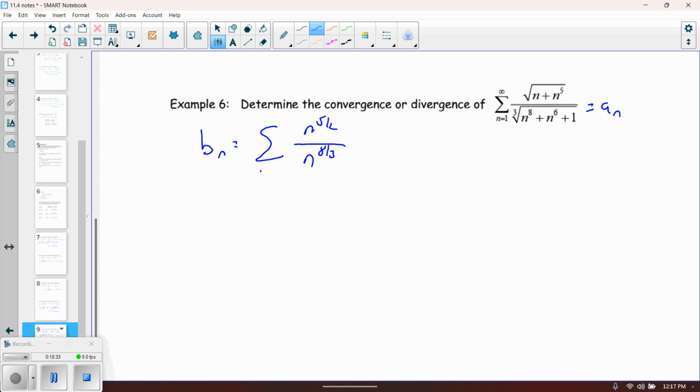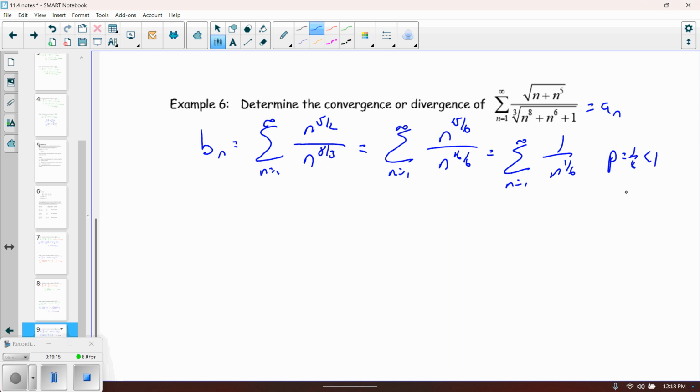And then if you want to actually compare these things, we're going to actually have to make them into common denominators with the fractional exponents. So it looks like 6 would be a common denominator, so it'll be n to the 15/6 divided by n to the 16/6, which is going to reduce to 1 over n to the 1/6, which is a p-series where p is 1/6, which is less than 1.